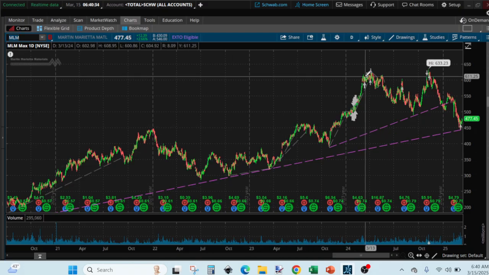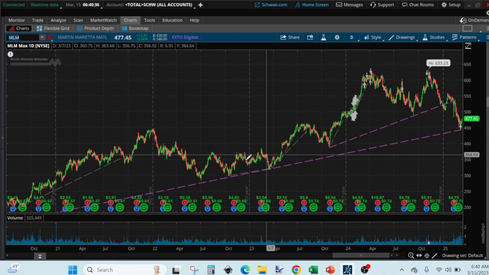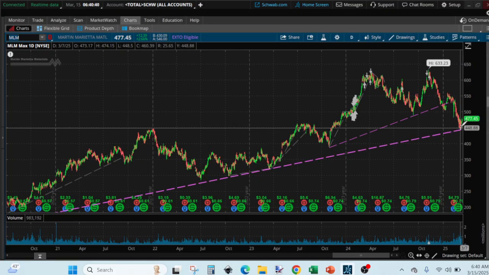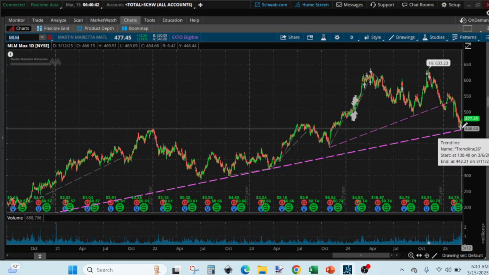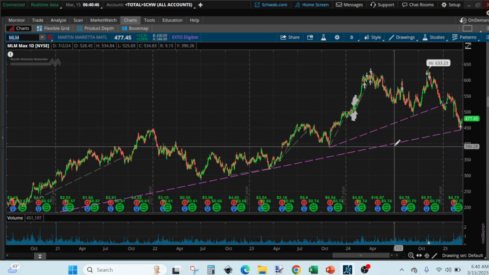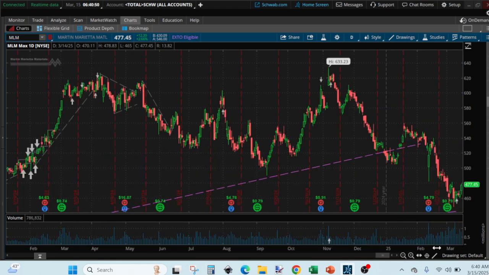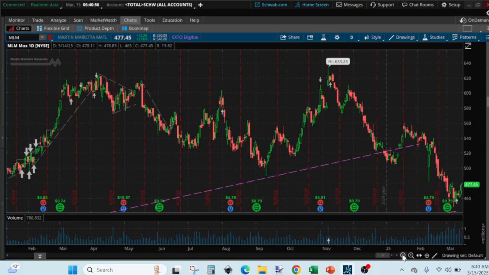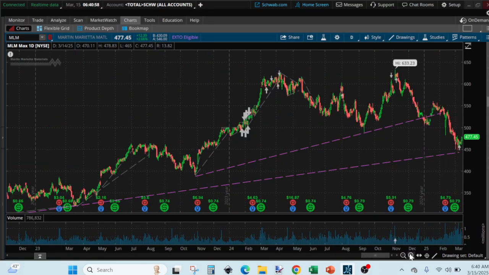But pretty much it touched base with this trend line, and we bought it again some days ago. Because we know that that's the lowest line that we traced, we didn't wait too long either to have two higher lows before we got in.